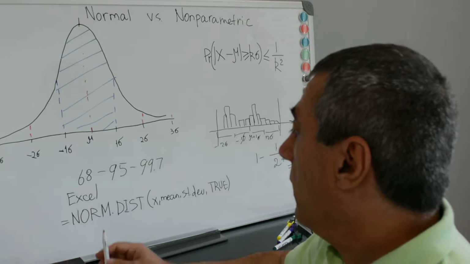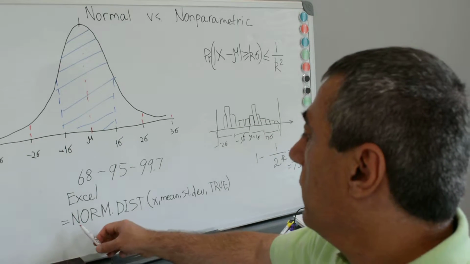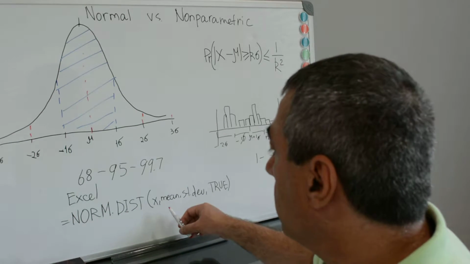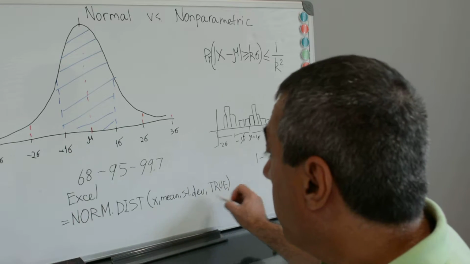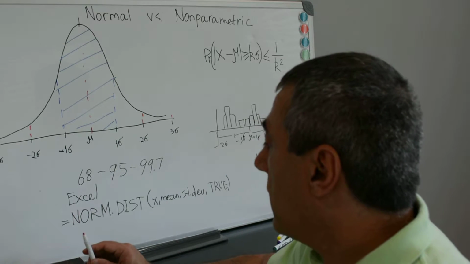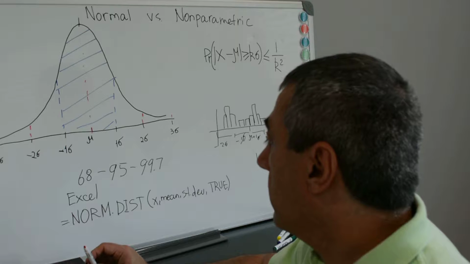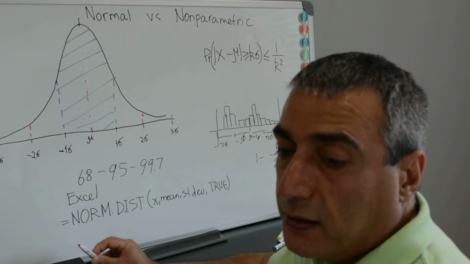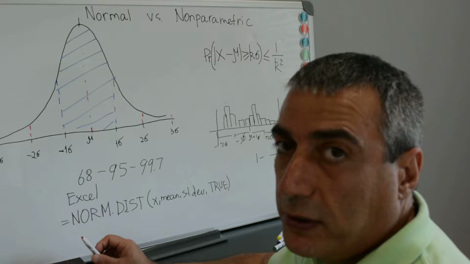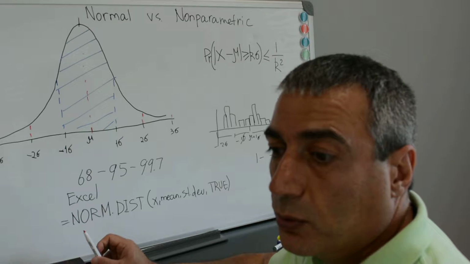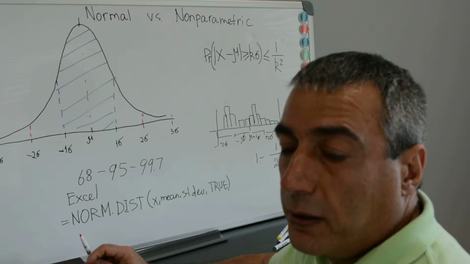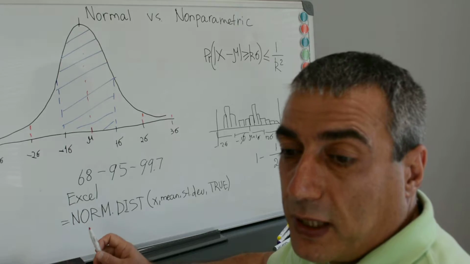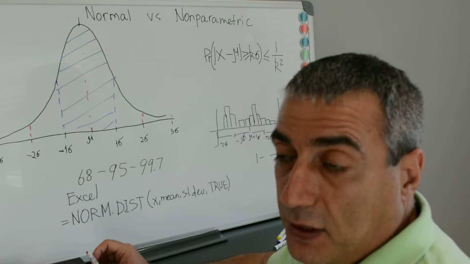Well, Excel has a very useful function called norm.dist, which requires certain inputs. Excel also has another function, the standard normal distribution. Any normal distribution can be standardized to become a standard normal distribution, which has mean 0 and standard deviation of 1.